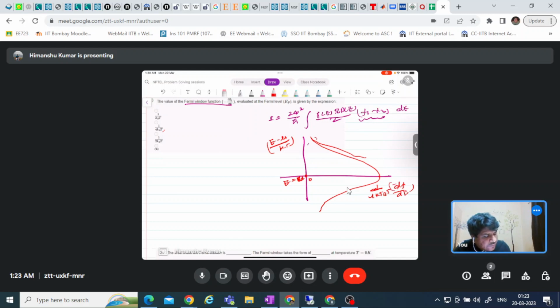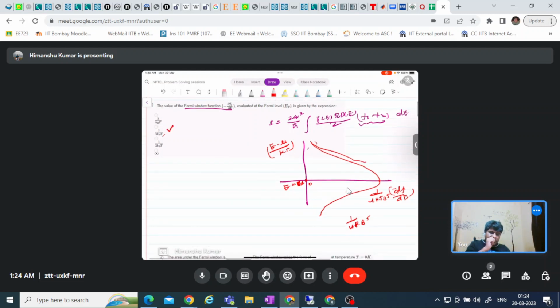If we put the total area of this curve as 1, then it will come out as 1 by 4 kBT. So that is, the second answer will be correct.